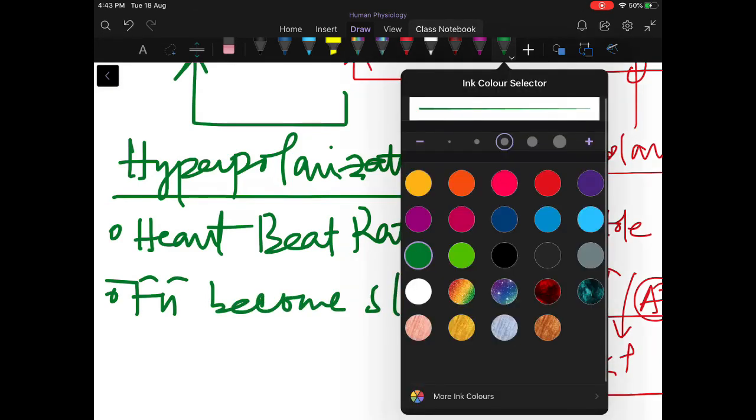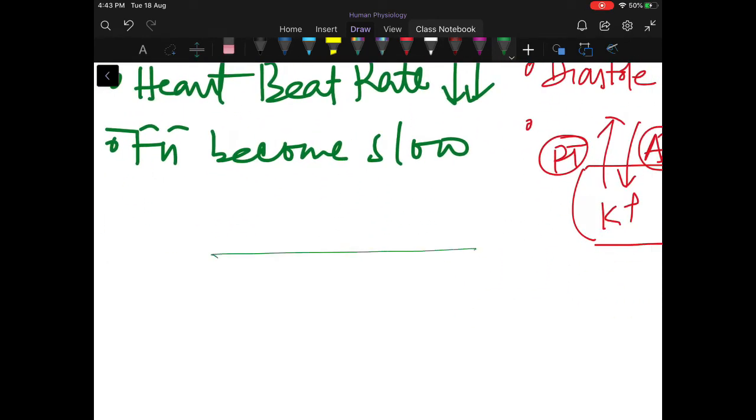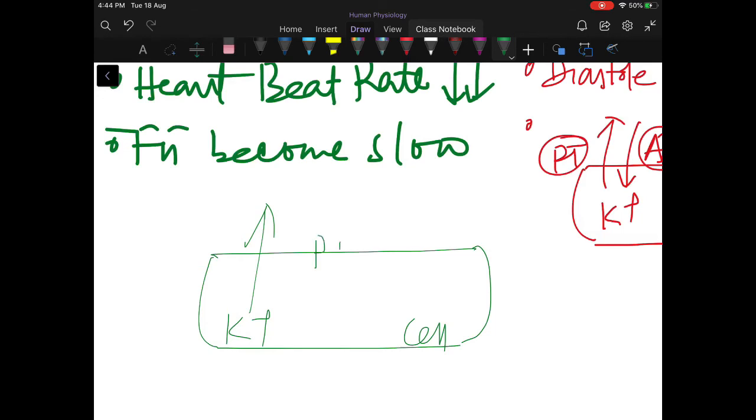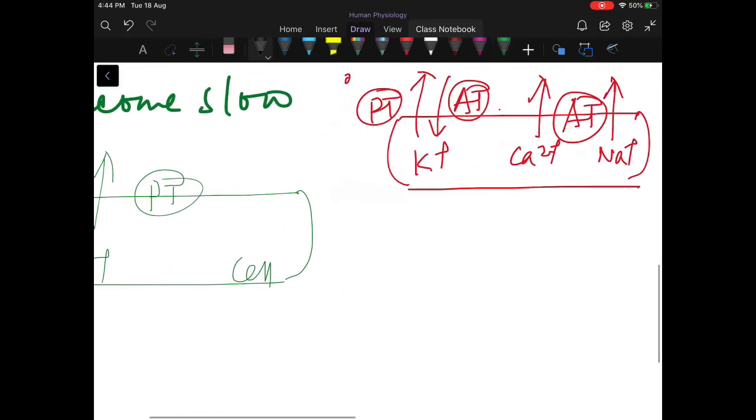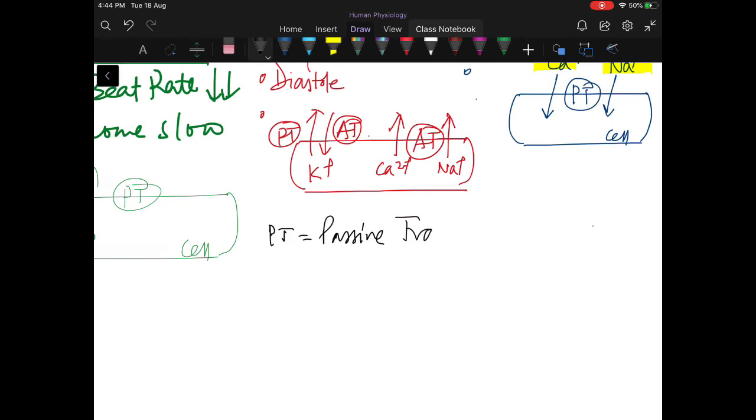Now we will draw a cell. Only one ion goes outside the cell, which is K plus. It goes through passive transport. For your convenience, PT is passive transport, and AT is active transport.